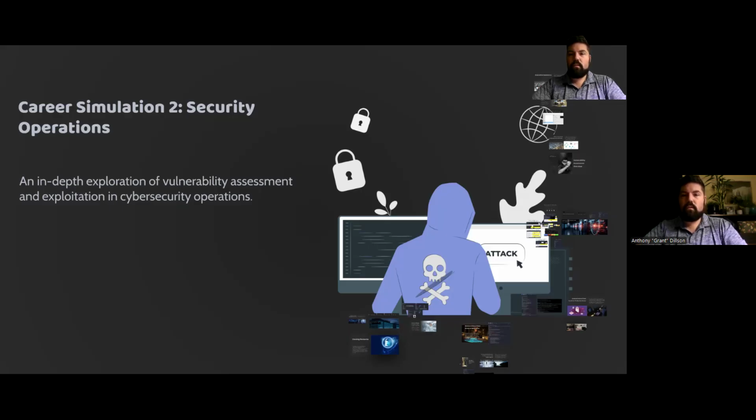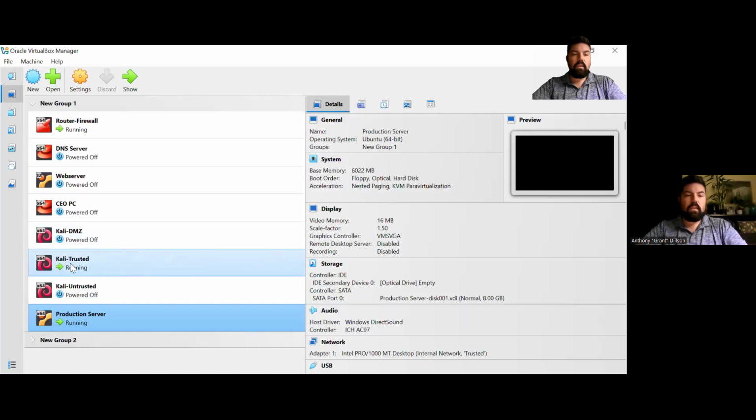I'll also show y'all that all of these are running nicely. So here's our system up and running. I'm going to show you that we have our firewall running, our Kali Trusted machine, and our production server. So we're going to be going here to our Kali Trusted machine.